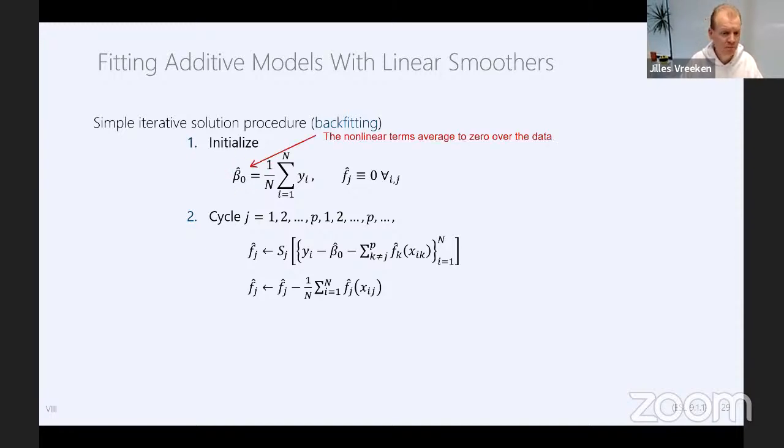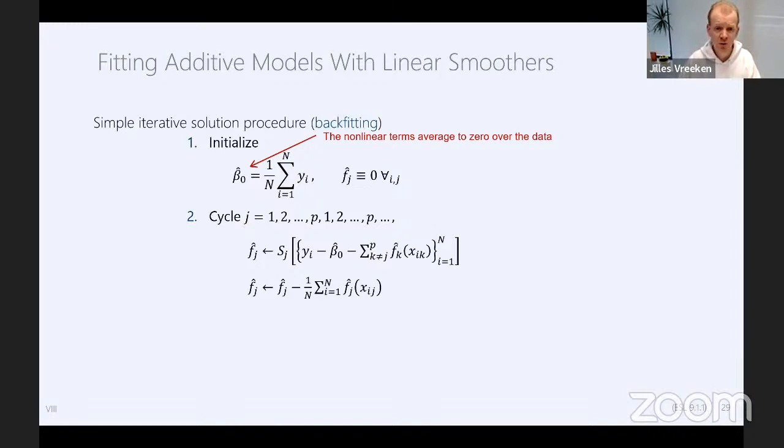It is just the average over the output values. Done. This means that every function that we're going to fit is essentially a function that increases or decreases from this overall average. So this beta naught is really a data-driven thing. It's not really something that says something about the world.